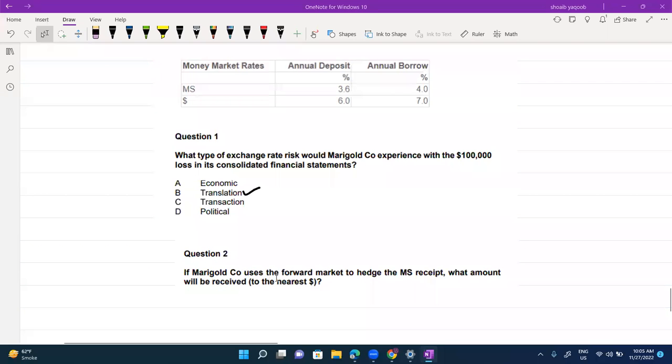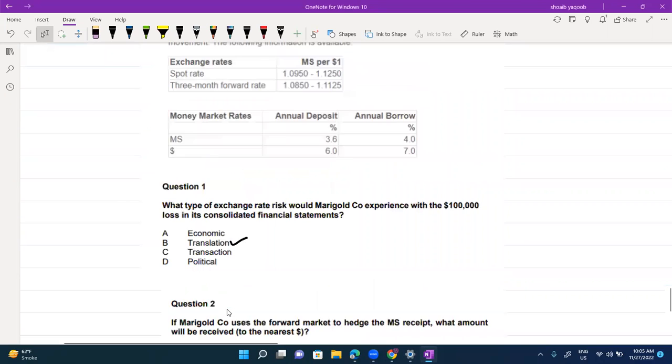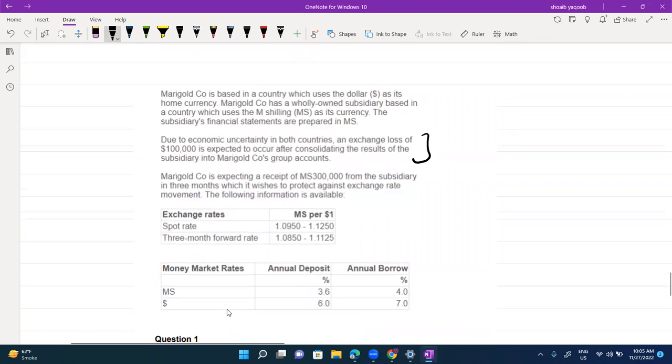If Marigold uses the forward market to hedge the MS receipt, what amount will be received? So आपको forward use करना है आपने यहाँ पर. Company is expecting to receive 300,000 M shilling. And 3-month forward is this. You are receiving the amount. Divide तो करना है, किस रेट से divide करेंगे? Divide तो करना है at which rate we will use.